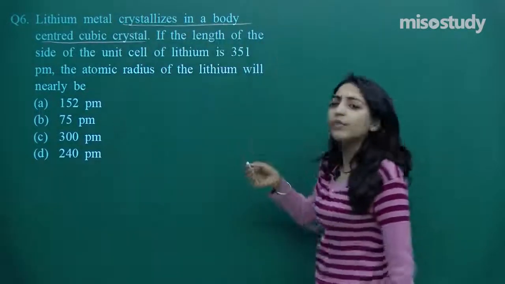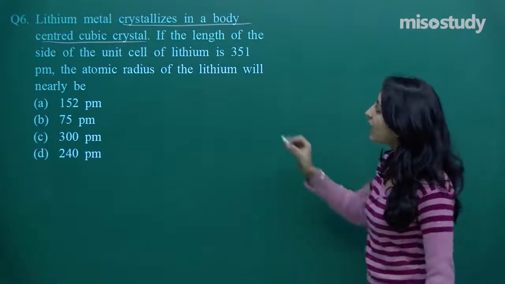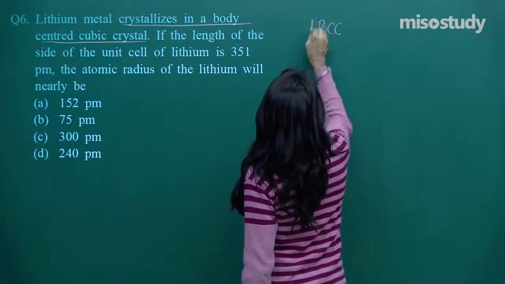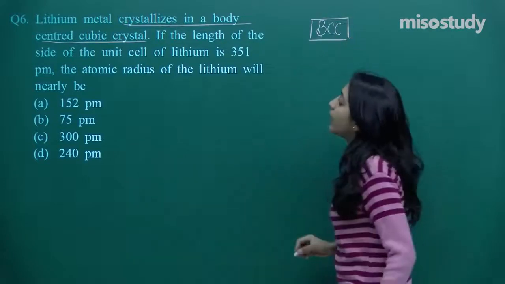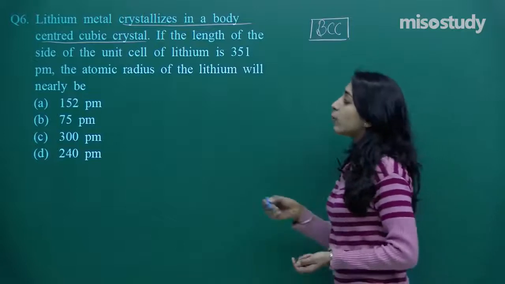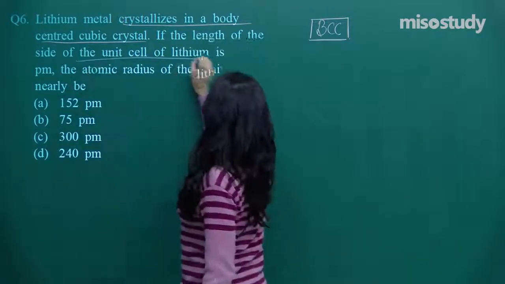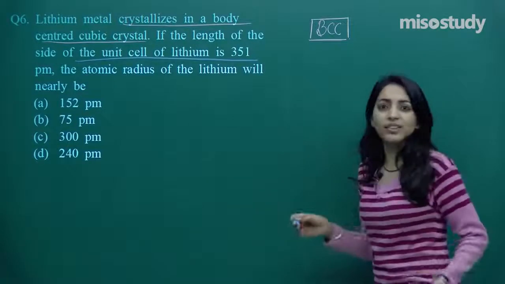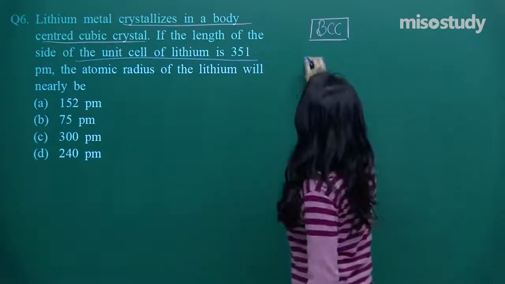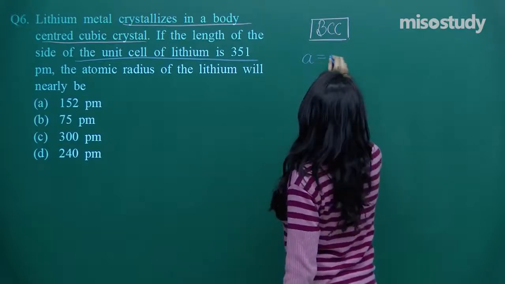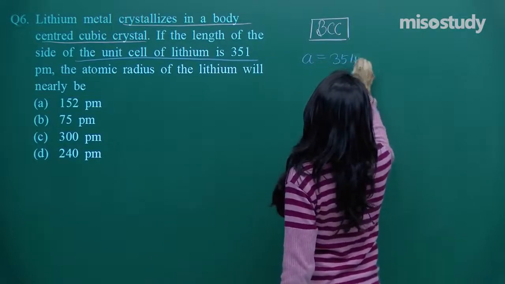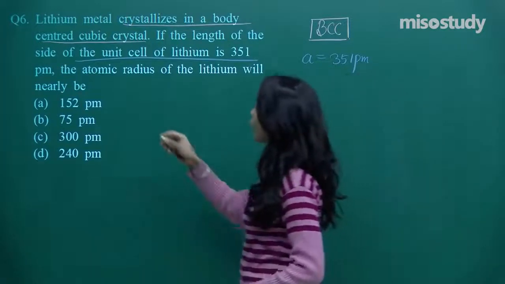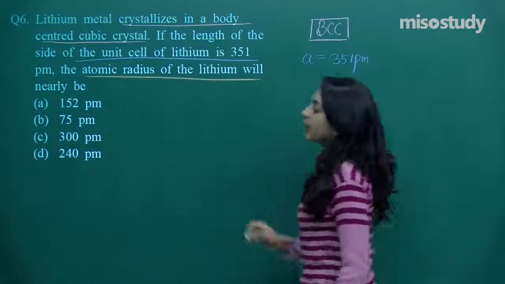Lithium metal or whatever metal crystallizes, I don't care anything, but it is a body-centered cubic unit cell. Okay. If the length of the side of the unit cell of lithium is 351 picometers. Yeah, I don't know why he has written such a big statement. He could have simply said that if the edge length is 351 picometers, you need to simply find out the atomic radius of lithium. That's it.